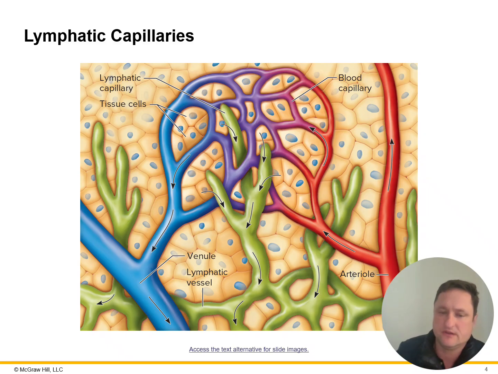So as we move into the capillary beds where fluid is exchanged, we can see how these lymph vessels are intertwined with the blood capillaries. And so, they're going to mesh and they're going to bob and weave and they're going to pick up any fluid that has been leaked in the exchange of the blood capillaries.